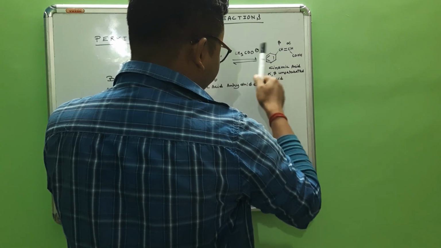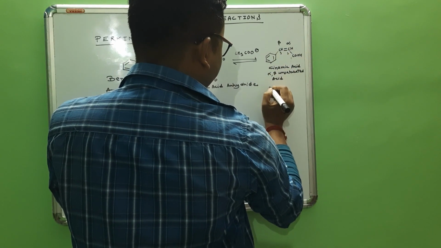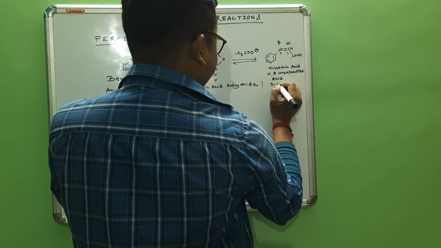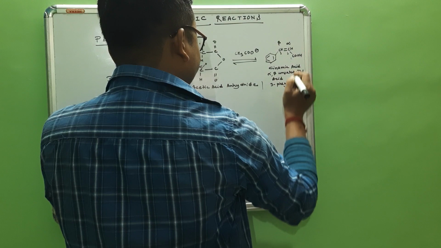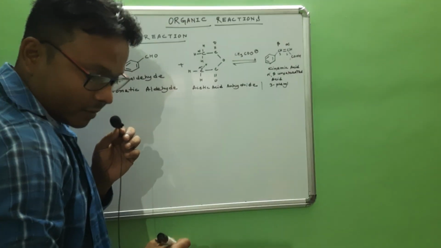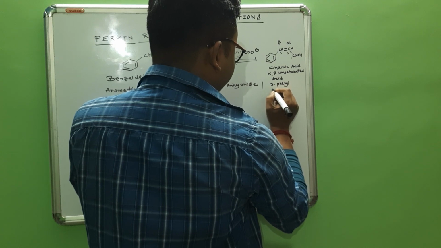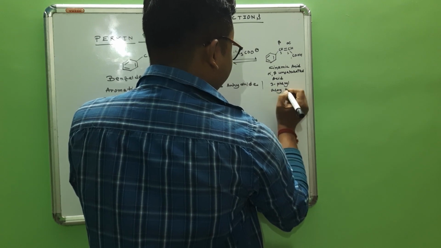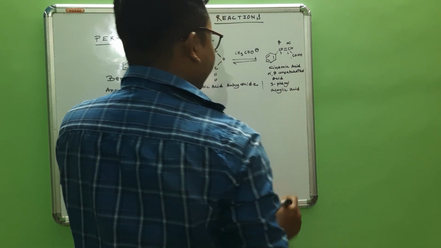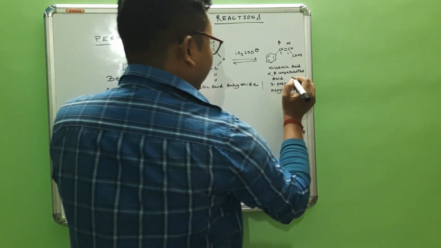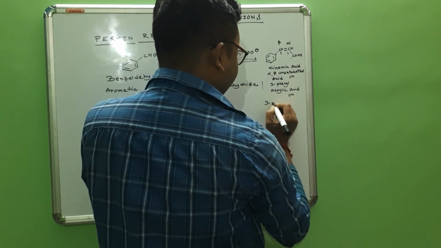The beta carbon atom contains the phenyl ring, and if you number 1, 2, 3, it is a phenyl ring at the 3 position. So it is 3-phenyl acrylic acid, as this is called acrylic acid. It can also be named by IUPAC nomenclature.